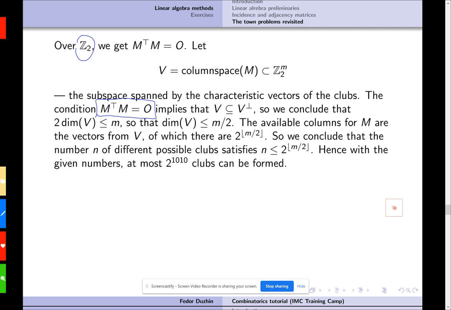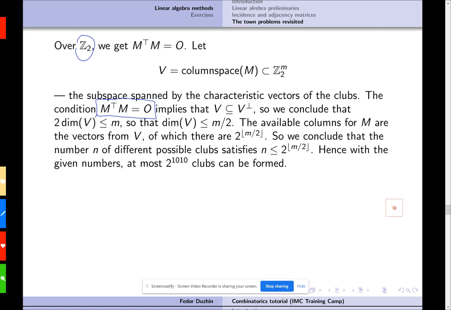Well, if you don't understand it, maybe a slightly different point of view is the following. We need to show that every entry in the column space of M is orthogonal to every entry in the column space of M, right? This is what it means.